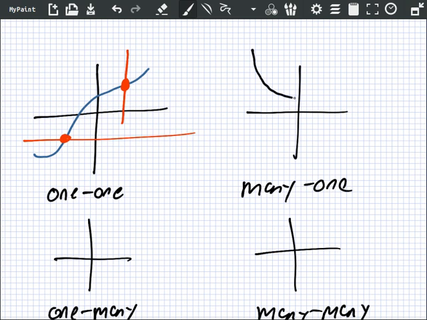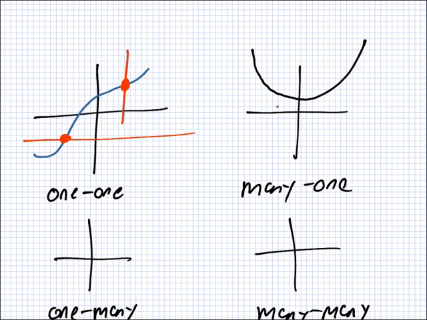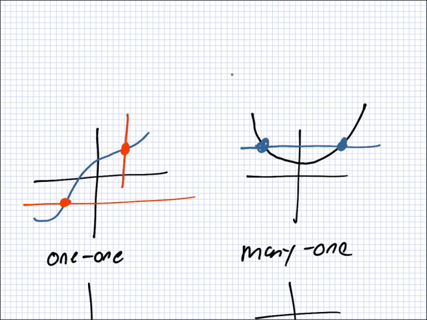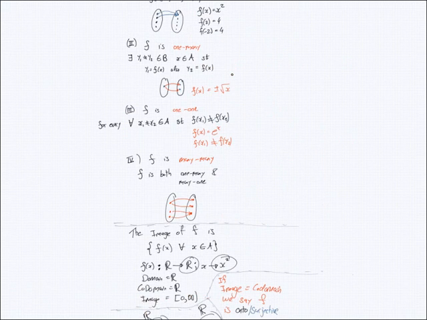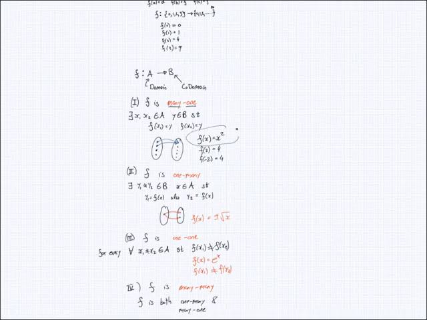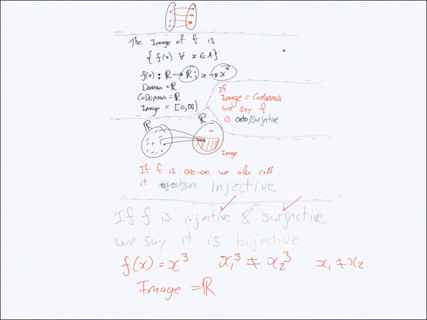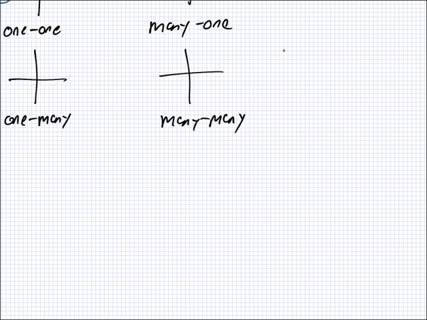Many-one is like this, maybe a quadratic. If you draw a horizontal line, it meets more than once. It's many-one. Remember, we gave the example earlier: x squared. Two x's get one y.